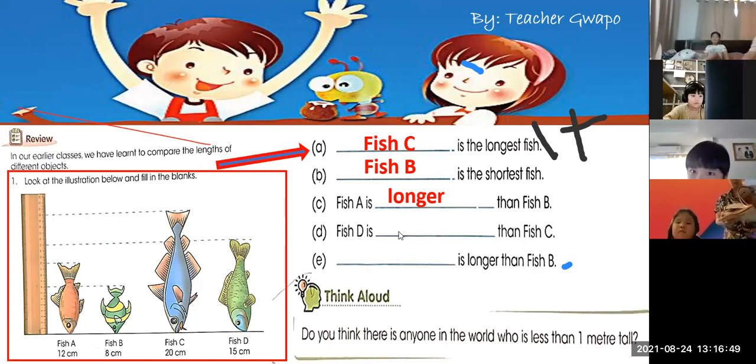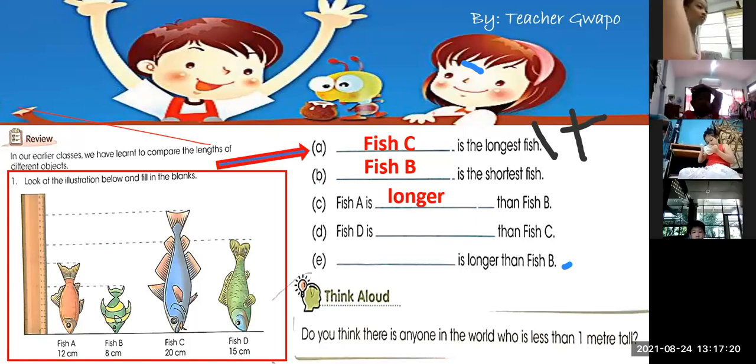I will give you 5 seconds to answer letter D. 5, 4, 3, 2, 1, and time. Sorry, Nawa. Let us give a chance to your friends. It's okay, maybe next time you can give me an answer.